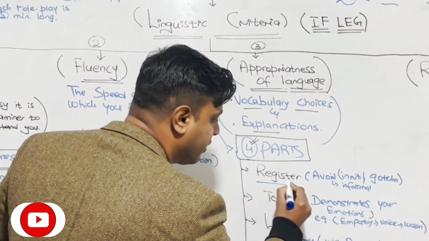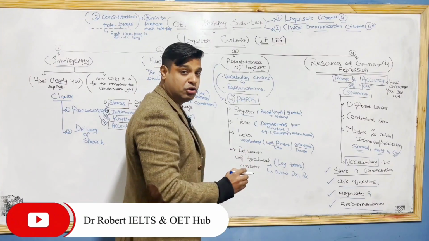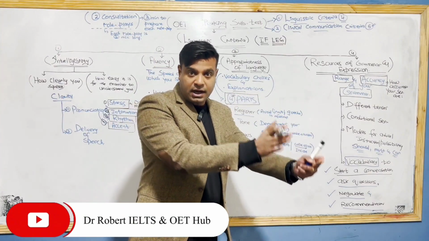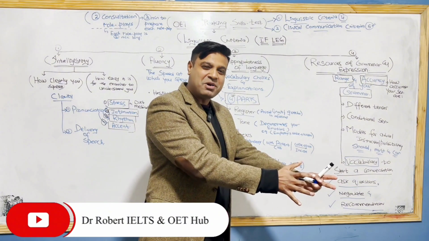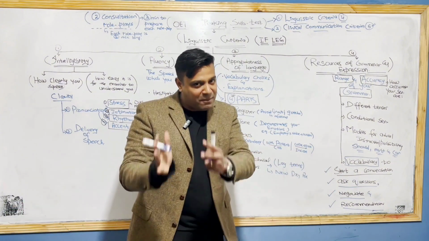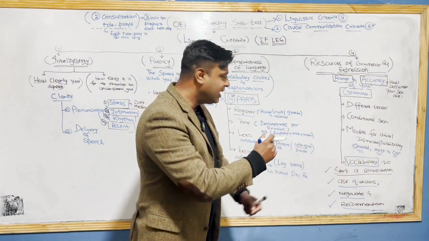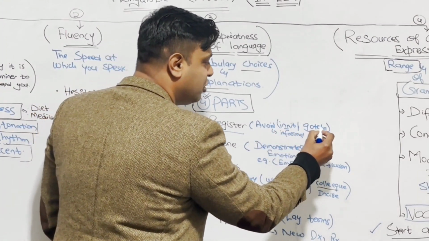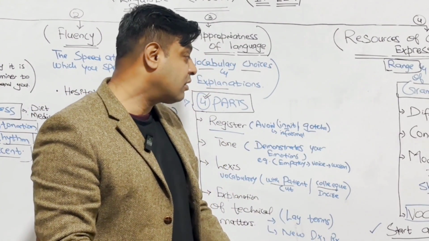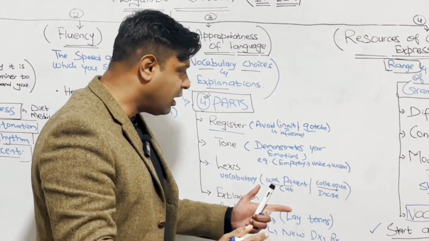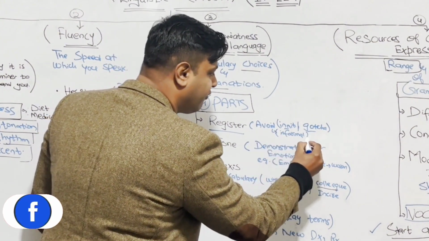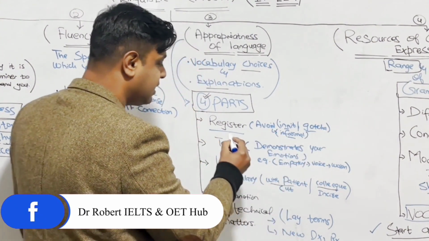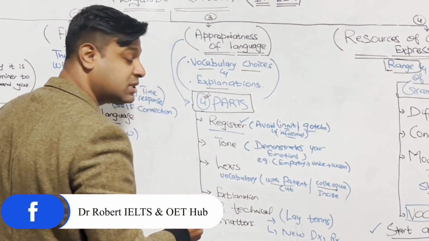What is the meaning of register? Are you using informal language in the formal exam, or are you using formal language in the formal exam? Now, many people use 'innit' or 'gotcha' or 'gonna', so don't be informal in your speaking. This comes under the domain of register.